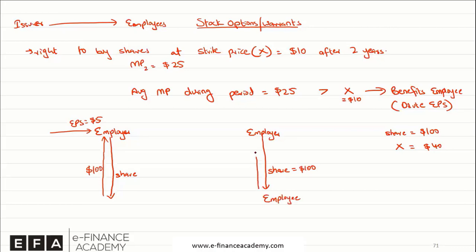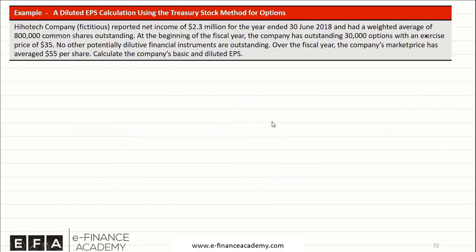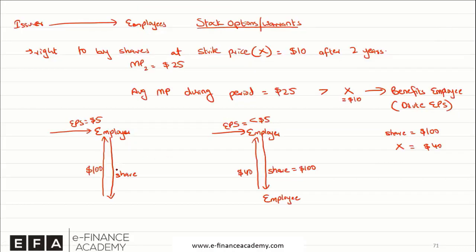And in return, the employee only pays $40, which means the company is raising only $40. Now, if this $40 is invested, do you think per share the company would be able to earn the same earnings per share? Of course not. It would actually be lower than $5 because you are investing a lower amount.